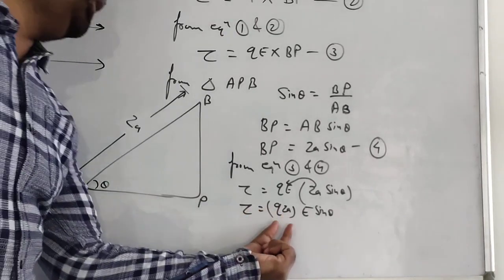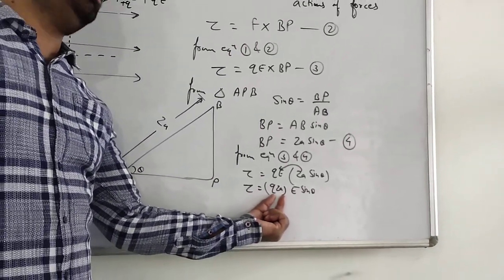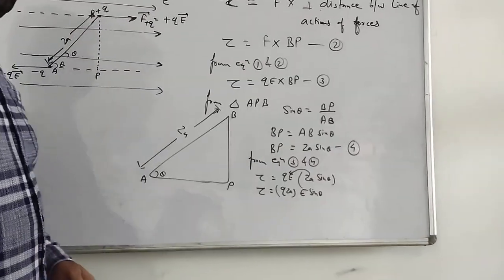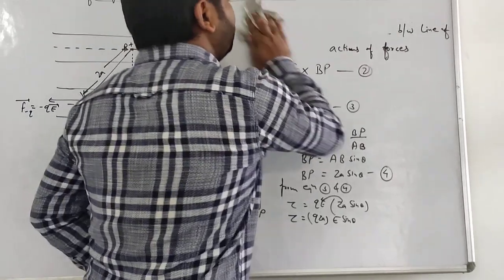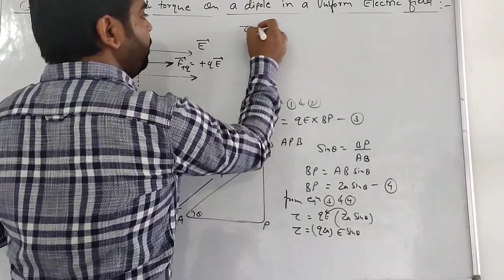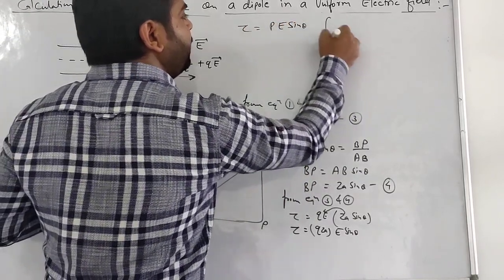Because we know Q into 2a, what is the formula of Q into 2a? Q into 2a denotes the electric dipole moment. So we write tau is equal to PE sin theta.